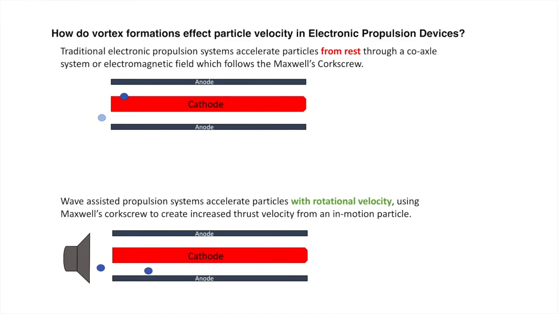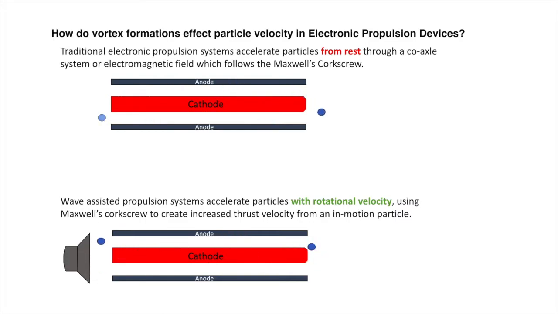Here's a diagram I put together of how vortex formations affect particle velocity in electronic propulsion devices. Traditional electronic propulsion systems accelerate particles from rest through a coaxial system or electromagnetic field which follows Maxwell's corkscrew.